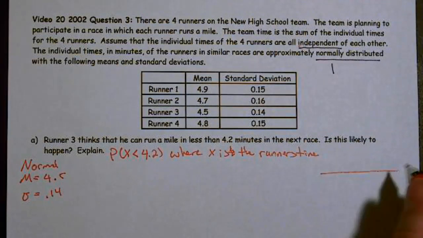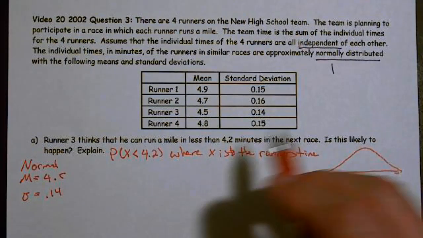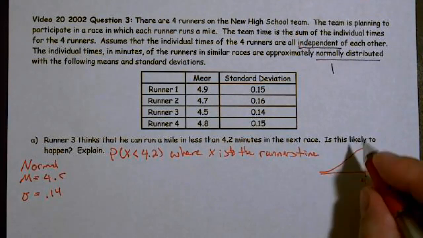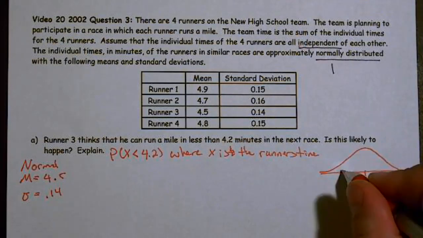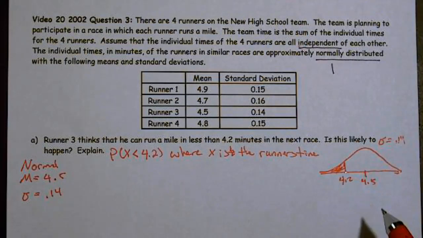So we draw out a normal distribution, and we say, okay, this is at 4.5. And we're going to mark off 4.2 or less, since that is what he wants. The standard deviation happens to be 0.14, so we notice that he's a ways away.